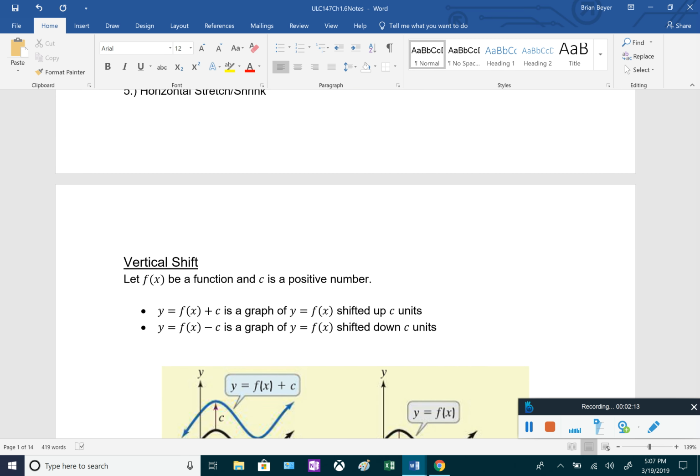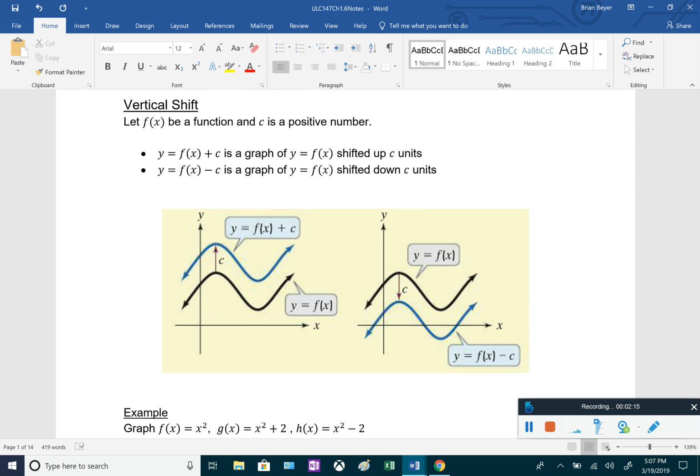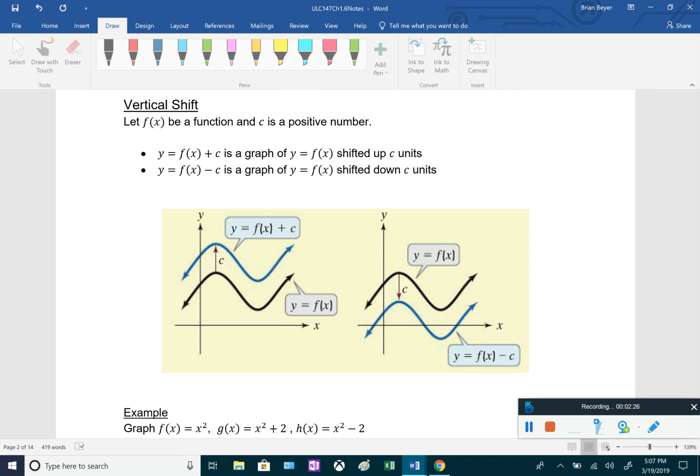So let's start with the vertical shift because it's usually thought to be the easiest. So if f of x is a function and c is a positive number, if we have y equals f of x plus c, that's going to be the graph of f of x shifted up c units.